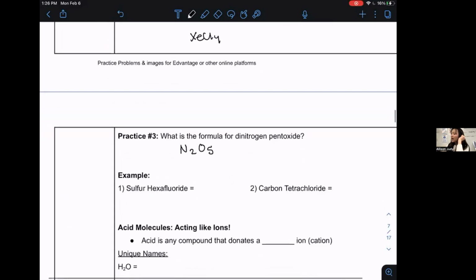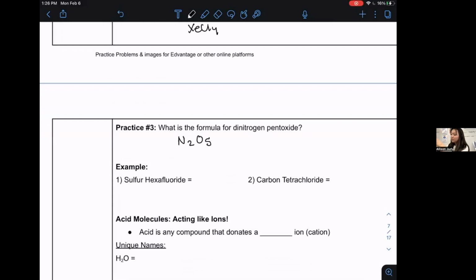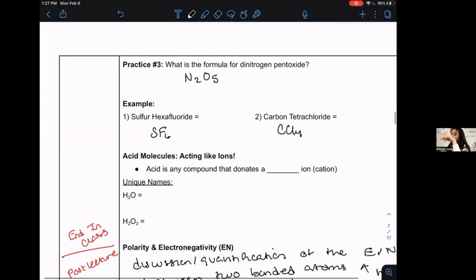So, sulfur hexafluoride. Sorry, I was reading too fast. SF6. Okay, carbon tetrachloride. 5? 4? 4.